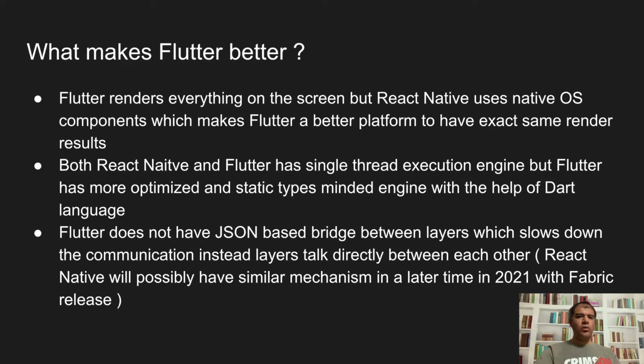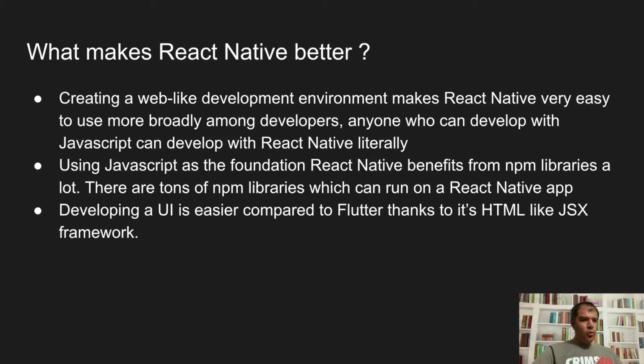Of course, for React Native, this will change. The JSON bridge will change in 2021, hopefully, and I will get to that detail. And now we can continue with what makes React Native better.